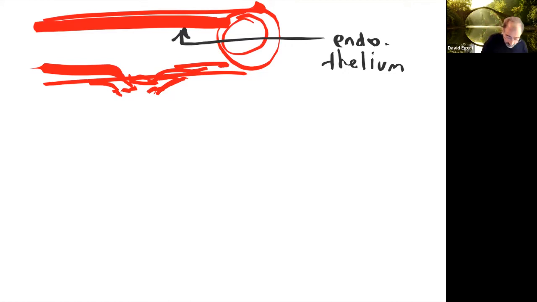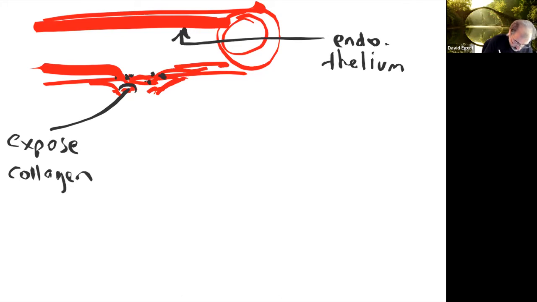If there is some kind of damage, you expose the connective tissue. The main protein that makes the base layer under the endothelium is collagen. Collagen is one of the main structural proteins in your connective tissue. So this is going to expose collagen when there's a rip, and that's going to be the trigger that starts this whole process.